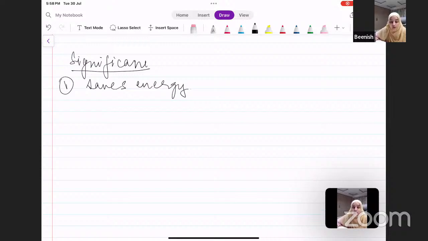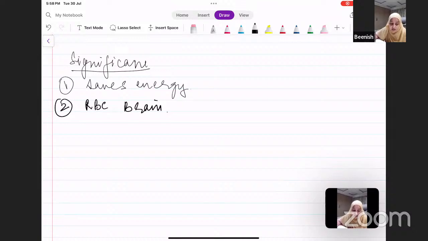Then it is important in organs where de novo synthesis is not operating, especially in your RBCs and the brain. In organs where de novo synthesis is not taking place, the salvage pathway becomes very important.